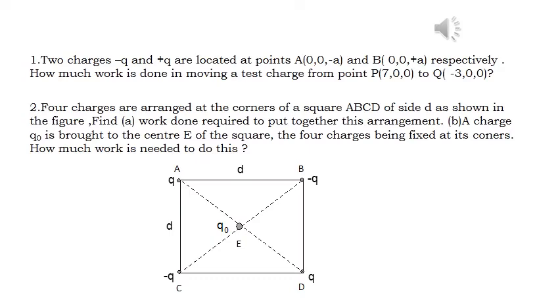The second question B: a charge Q0 is brought to the center E of the square, the four charges being fixed at its corners. How much work is needed to do this? Along with the question, a figure is given. Go through the figure. Now let us see the solution of these two questions.